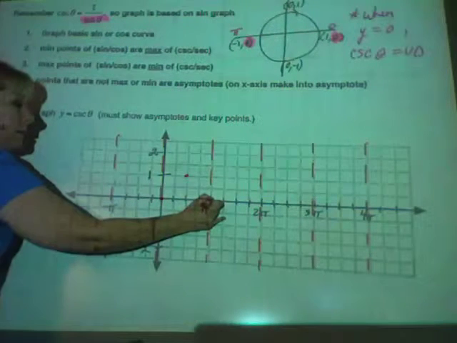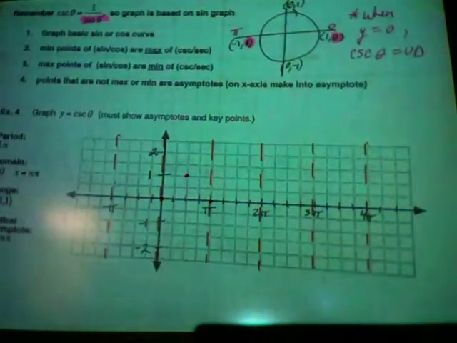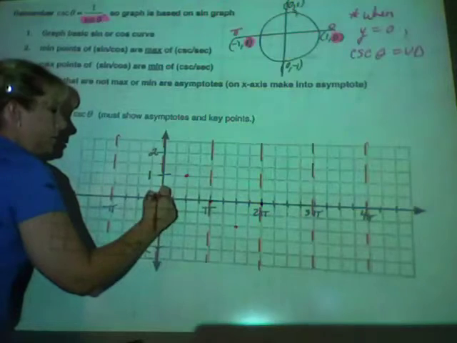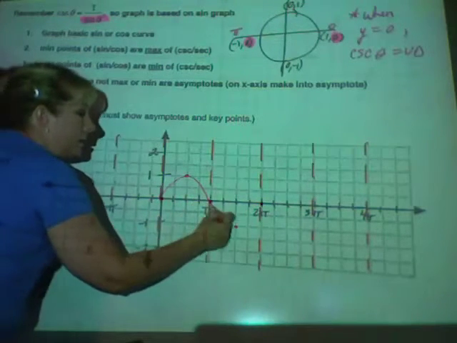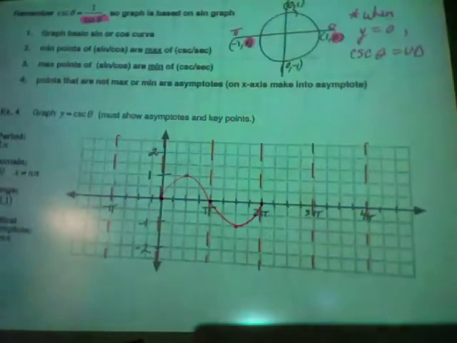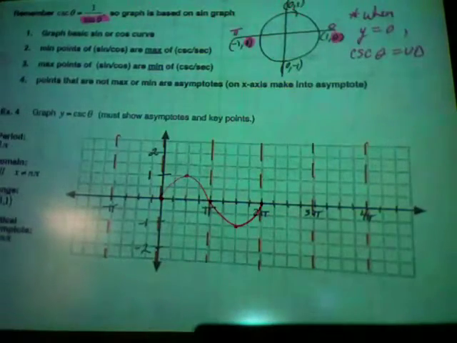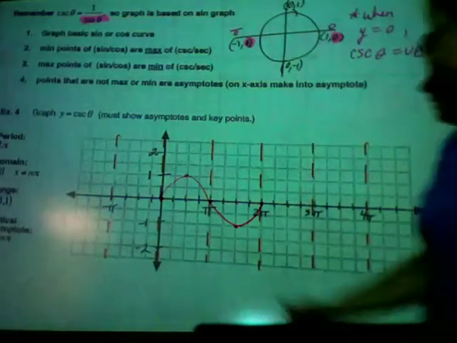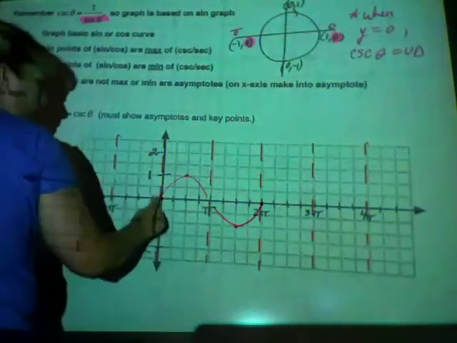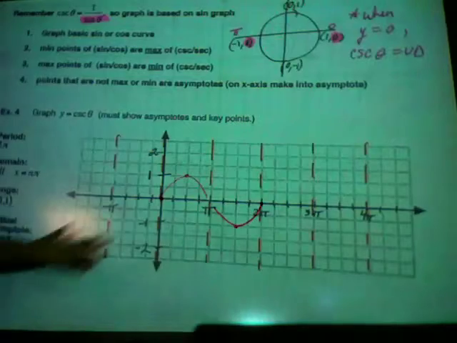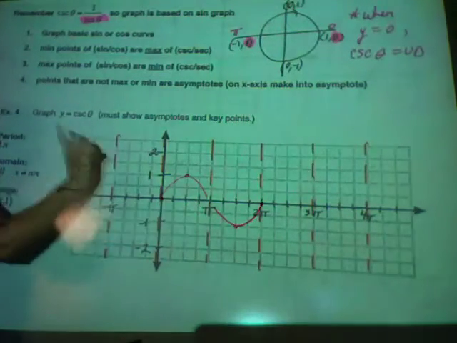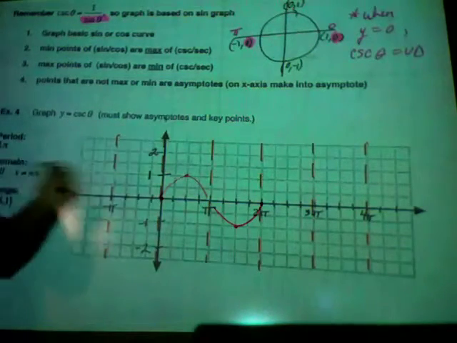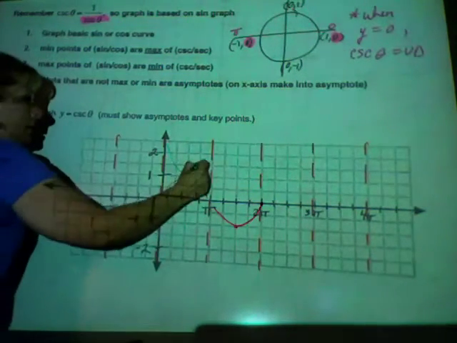It goes down to 0. At 3 pi over 2, it goes down to negative 1, and then back up to here. So wouldn't you agree that this is the normal sine curve? Okay, but it gets interrupted when it's cosecant here. It no longer exists in here and here, correct? Doesn't this look like a parabola? But cosecant is the inverse of sine. Inverse, if I flip this, wouldn't this go up like this?